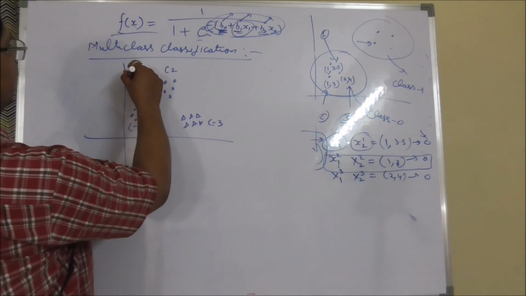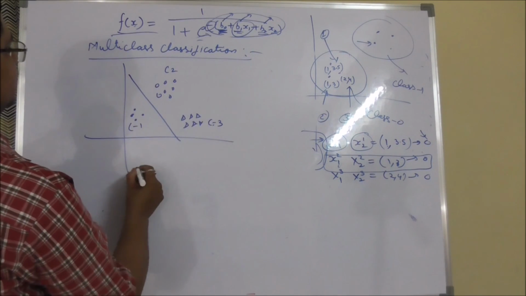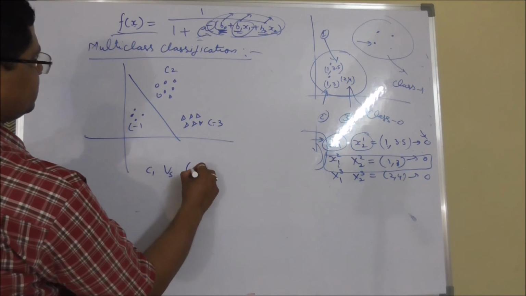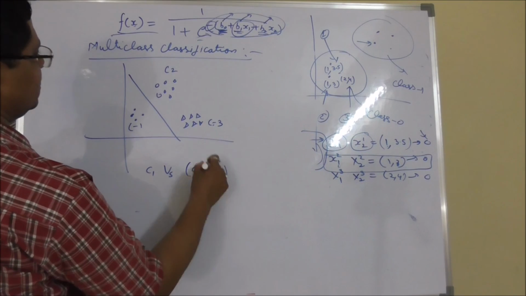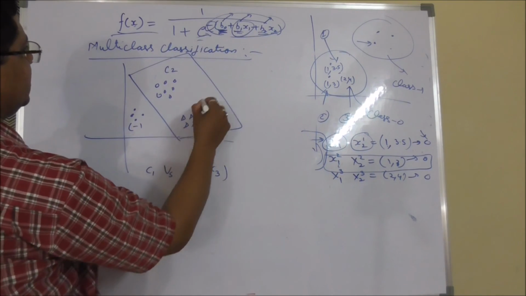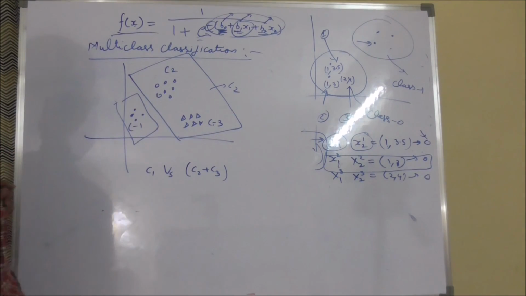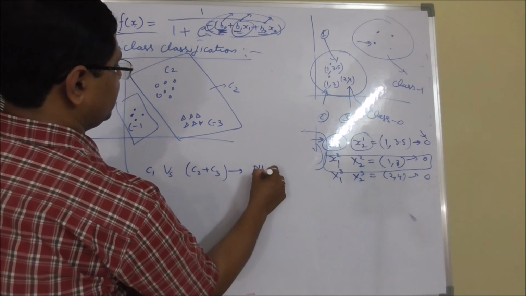To classify that, we can prepare 3 classes like C1 versus C2 plus C3. We mix and combine this as a class C2 plus C3, and we can take this as a class C1. So this will be our model M1.